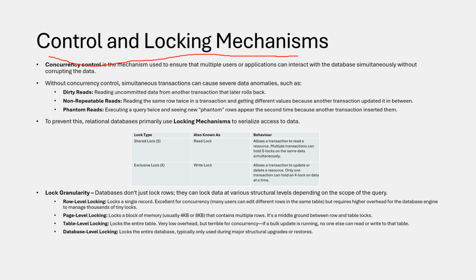You don't need to know all this in detail, but dirty read, right? Something has not happened, but you are still reading it. Non-repeatable means reading the same row twice, which is duplicacy. Phantom reads means executing a query and seeing new phantom rows.